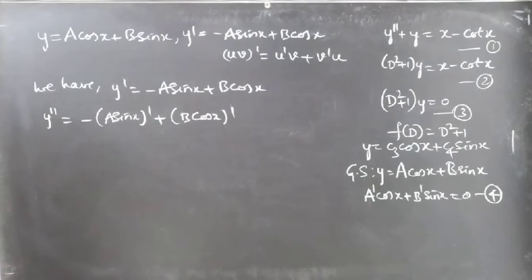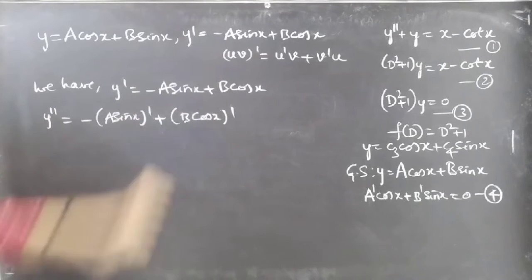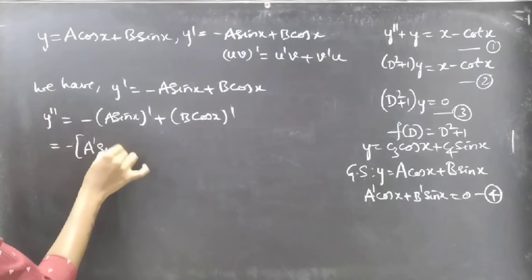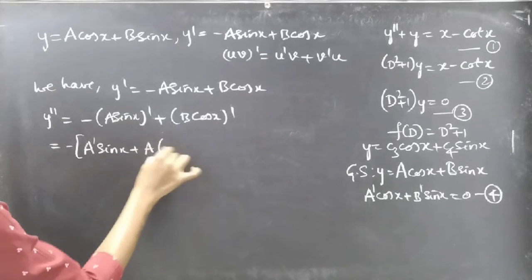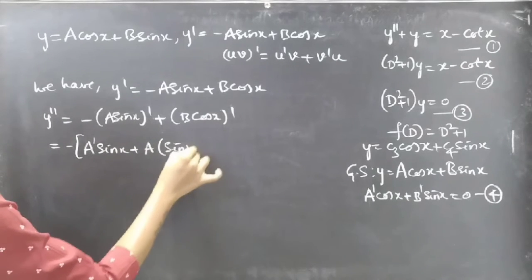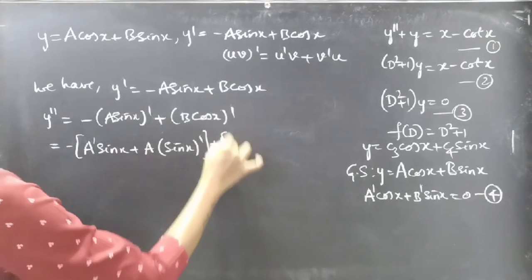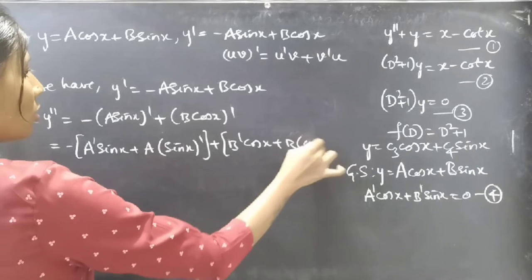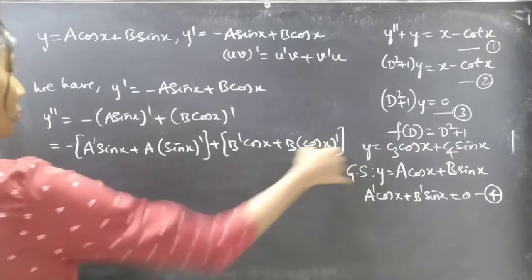Here also we need to find the derivative of a product of two functions, right? So we'll apply the (uv) dash formula. This gives us minus of a dash sin x plus a into the derivative of sin x, that is sin x dash, plus b dash cos x plus b into cos x dash.